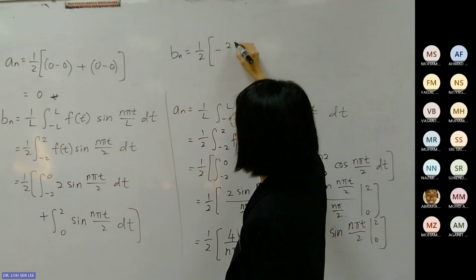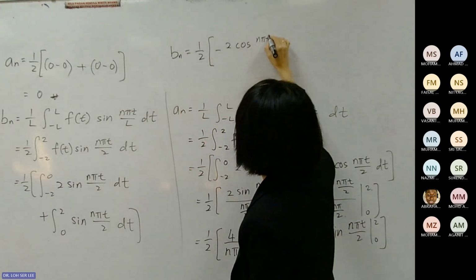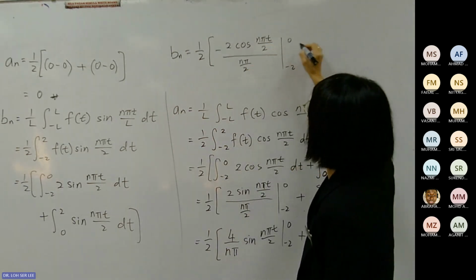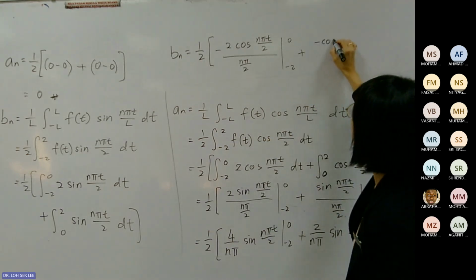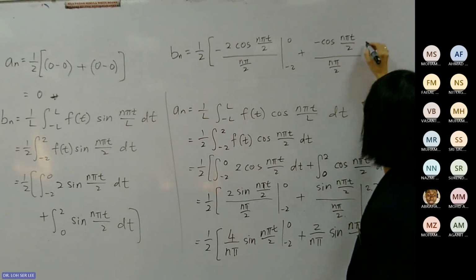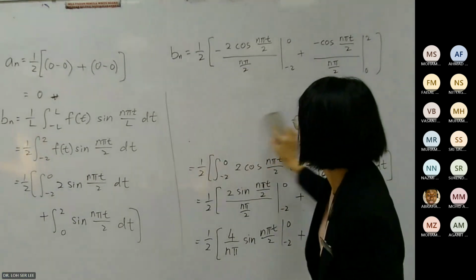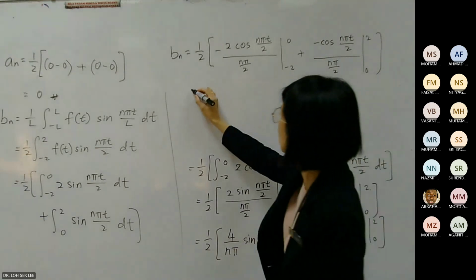Negative 2 cos n pi t over 2 over n pi over 2. Take the 2 up.